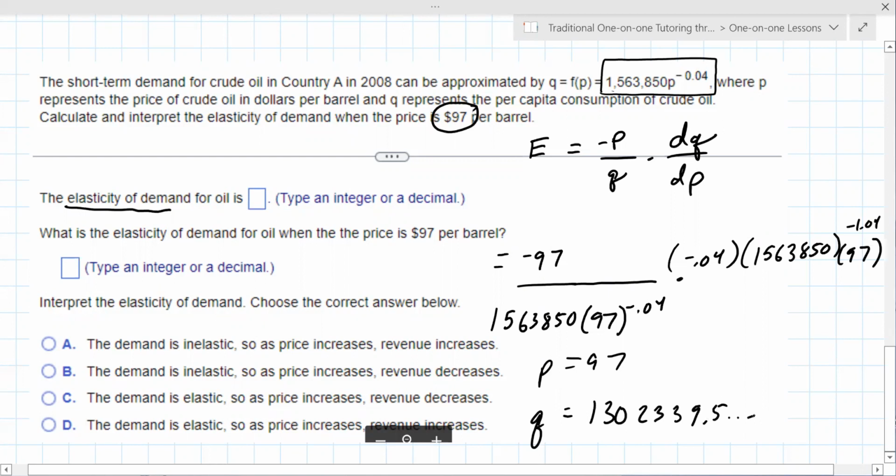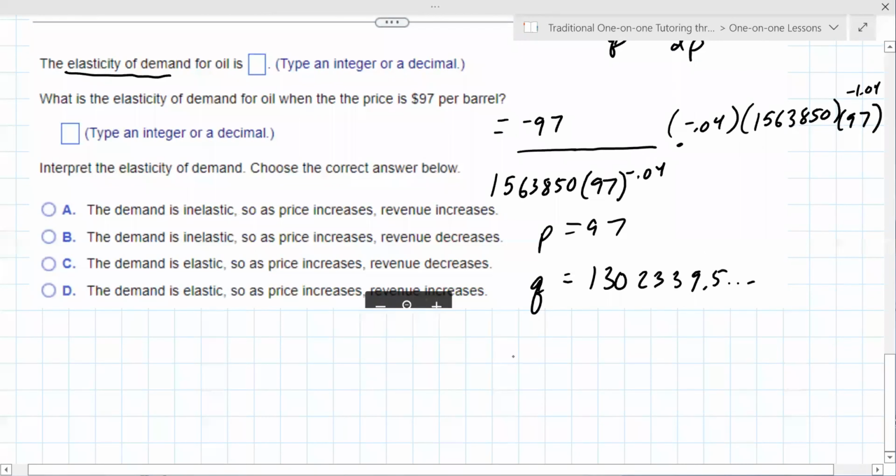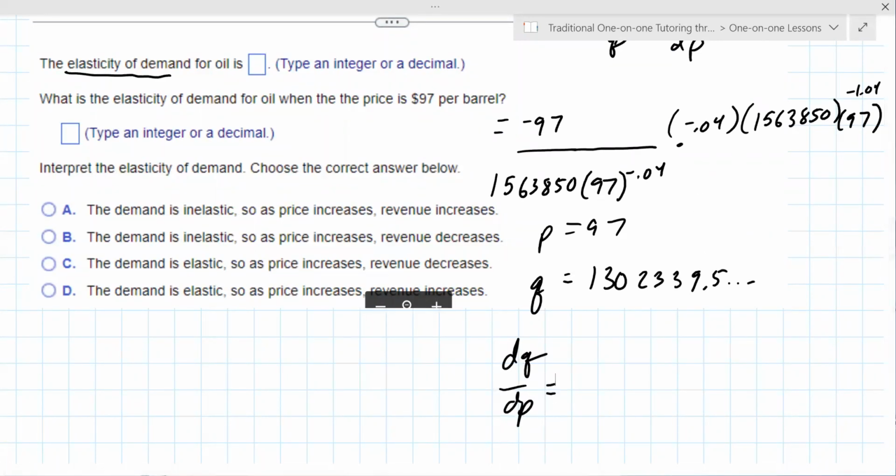And then the last one we need is the derivative at that point, and then we'll combine all three, the P, Q, and dQ/dP, and get that here. So times minus 0.04 times that.